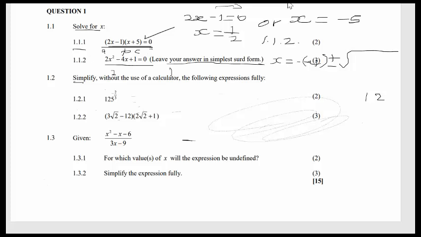Then b squared. So for b squared, instead of working on negative 4, we can say that negative times negative is positive. 4 times 4 is 16. So you can't leave out the b squared. So that's your task.